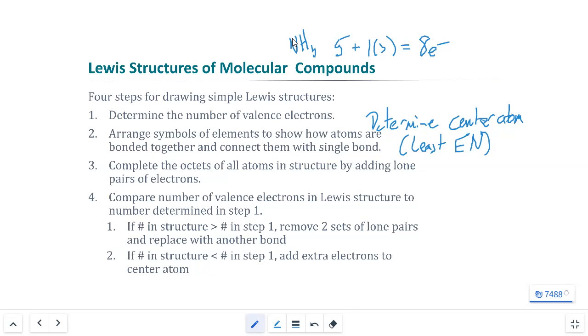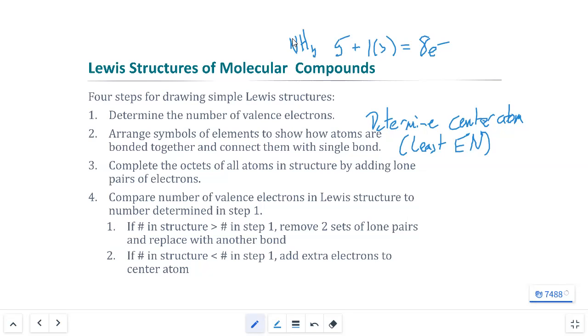Now, without pulling out your Linus Pauling electronegativity scale, how do you know that? Rough location. Fluorine is the most electronegative element. The further it is from fluorine, the less electronegative it is, the more likely it is to be the center atom. If it appears to be a tie, choose the bigger one.